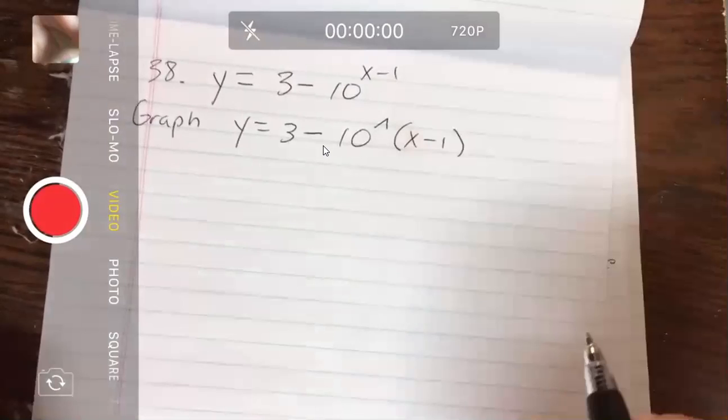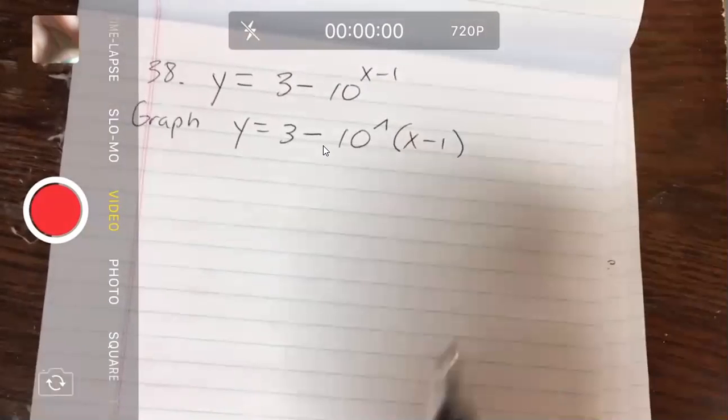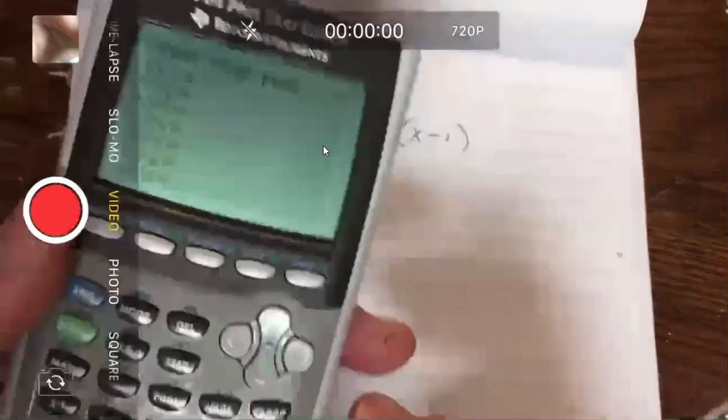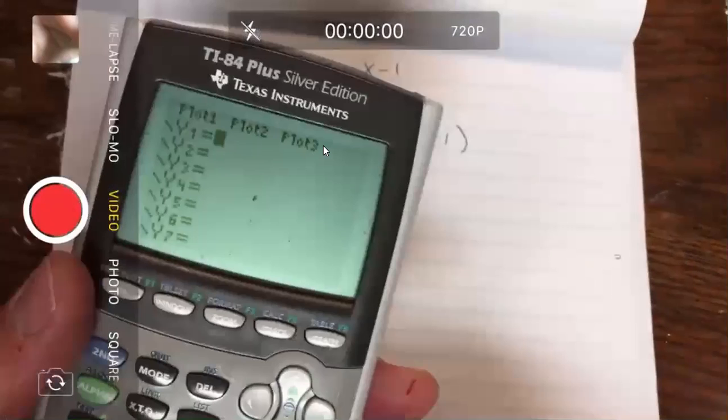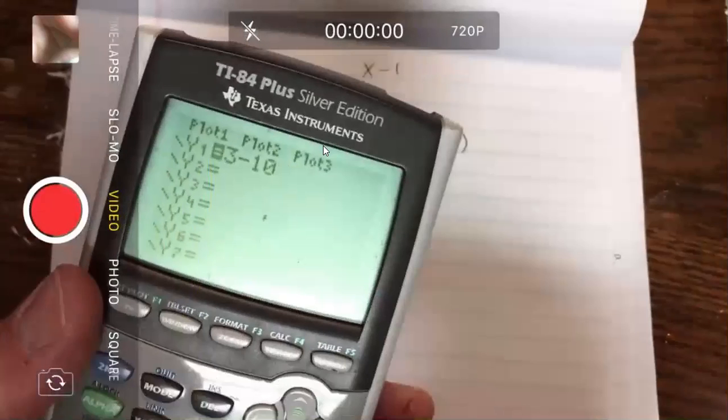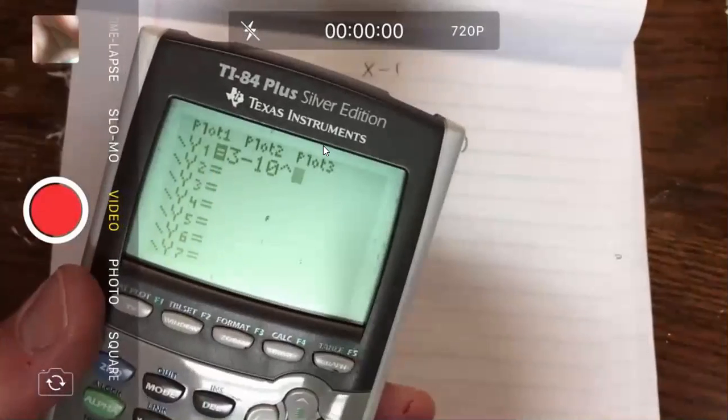Got to put that x minus 1 in parentheses. I'll just do that first. Three minus 10 raised to x minus 1.